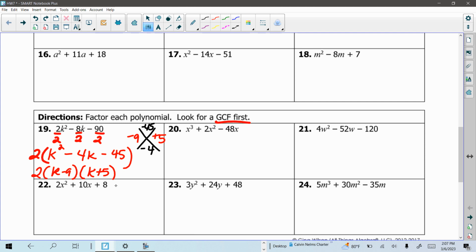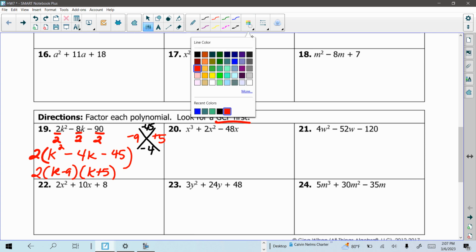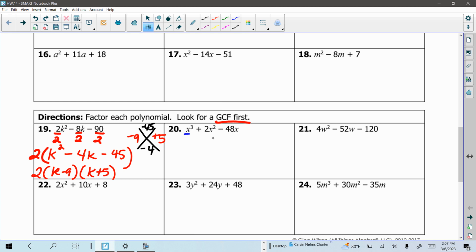Now, like on number 20, when you're checking each term for GCF, the GCF is the x. Each term has an x, and you take out the x, the smallest one. So we're going to divide everything by x first. This will now give you x squared plus 2x minus 48.